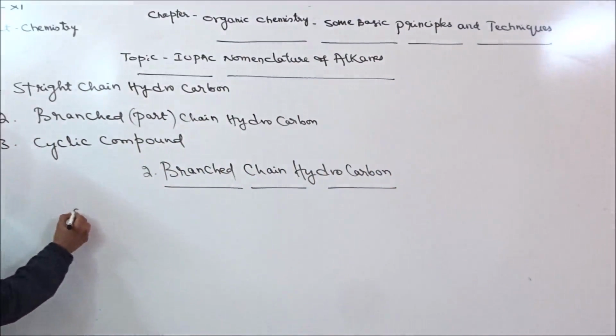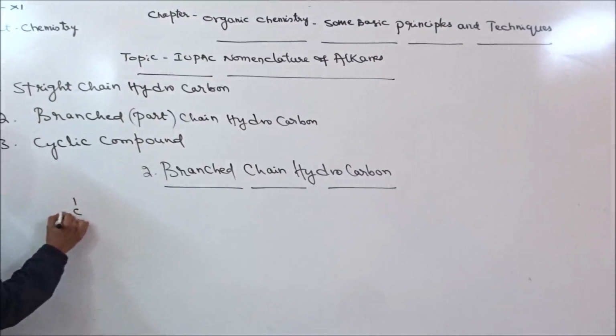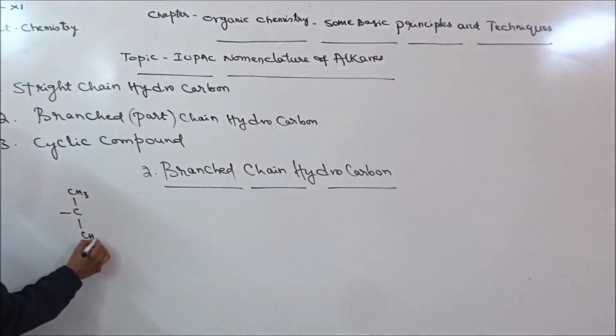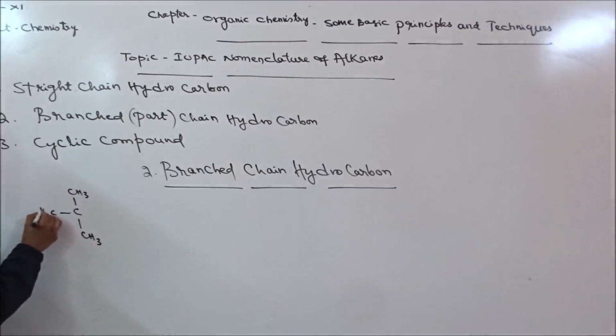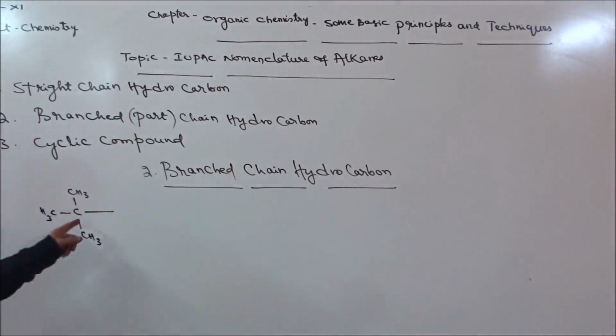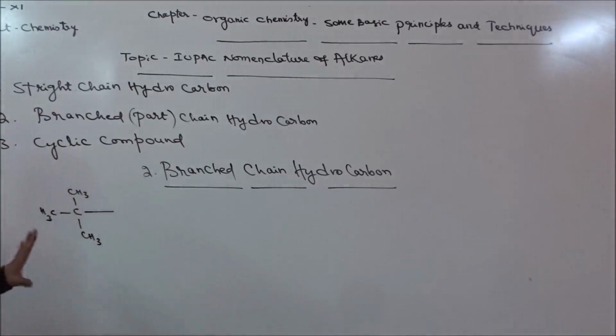So this is one carbon atom. To this three carbon atoms are connected in this way. This is a linkage. Now this is completely only one alkyl group, and since three alkyl groups are connected to one carbon atom, it should be named as tertiary.